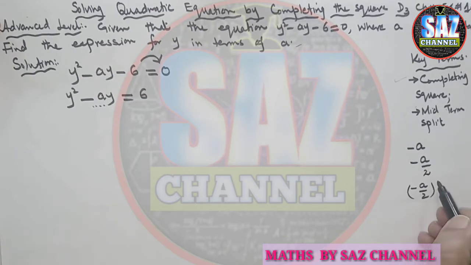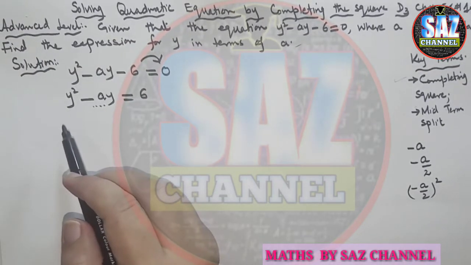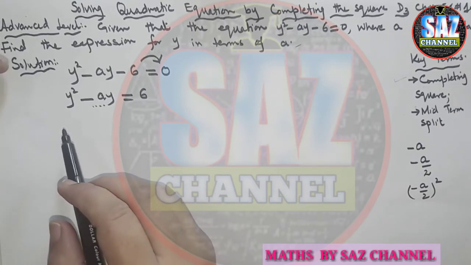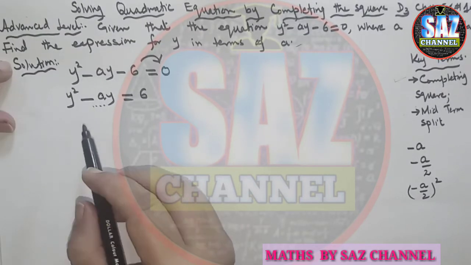In order to express the left hand side in the form of the perfect square identity, we have to add that expression on both sides of the equation.